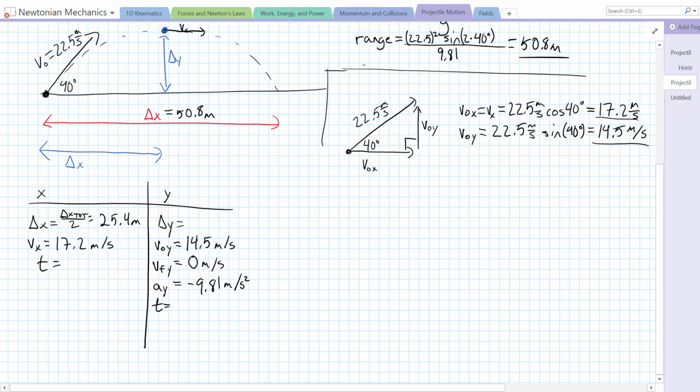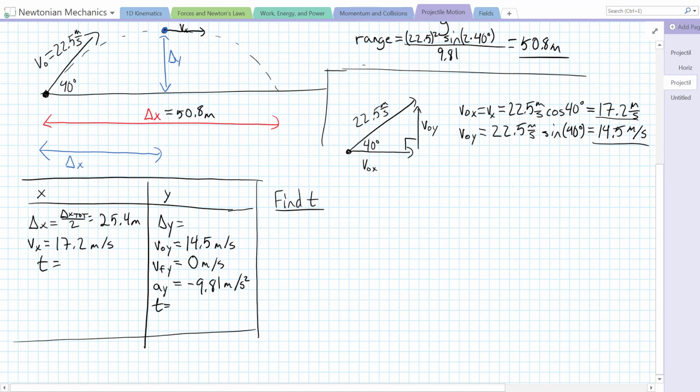So we can use either x or y to solve for the time, and actually we can use the y direction to solve for delta y to get to the very top. It doesn't really matter which we do first, but I'm going to use x to find the time. We can use our equation in the x direction. Delta x equals velocity times time, which means time is just delta x over velocity.